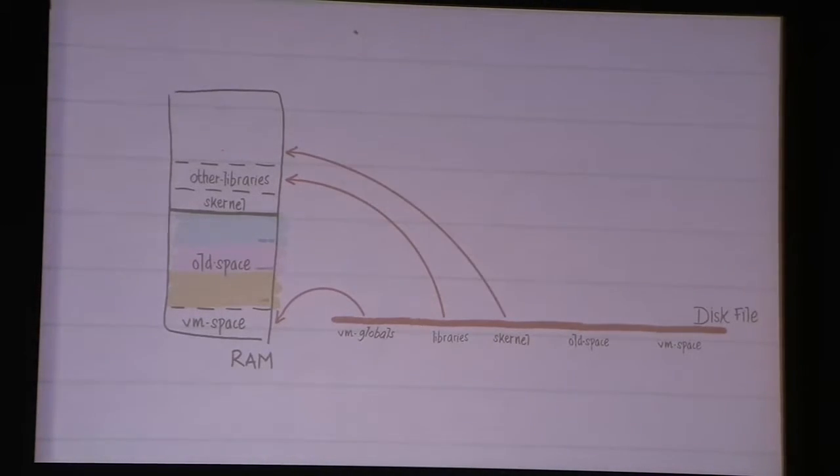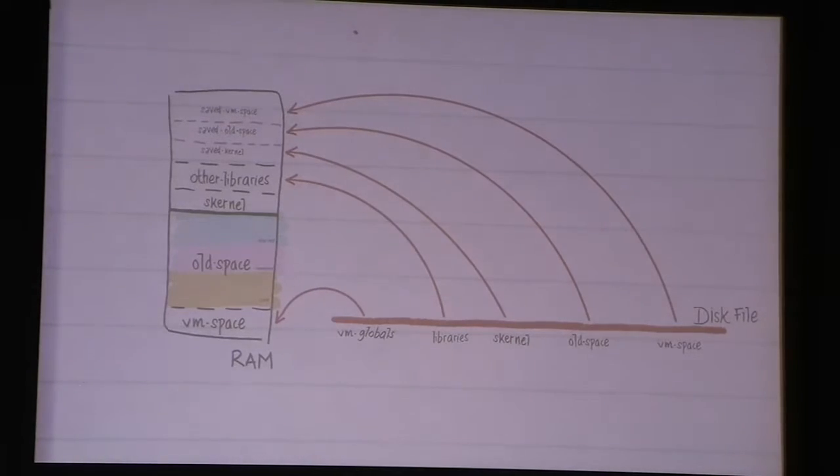Then we load the kernel, but not on top of the current kernel, so we have 2 kernels, the current one and a copy of the one on disk, in preparation for overwriting the first one. And then we load the old space and the VM space.